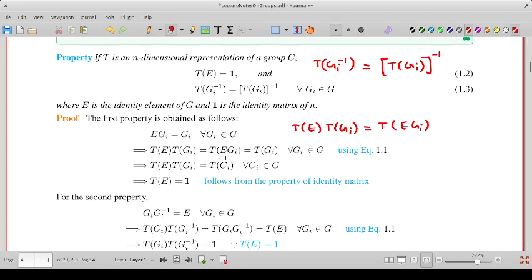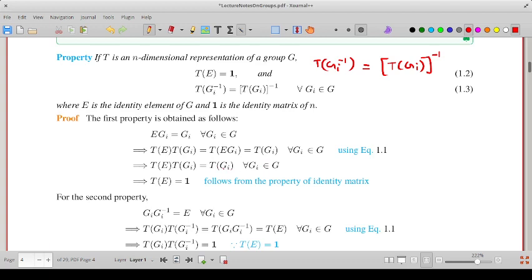Now E times Gi is Gi, and therefore this should be equal to T of Gi. So this implies that the left hand side, which is Te times Tgi, is equal to T of Gi for all elements Gi of the group G. And therefore this should be satisfied by all representation matrices Tgi.